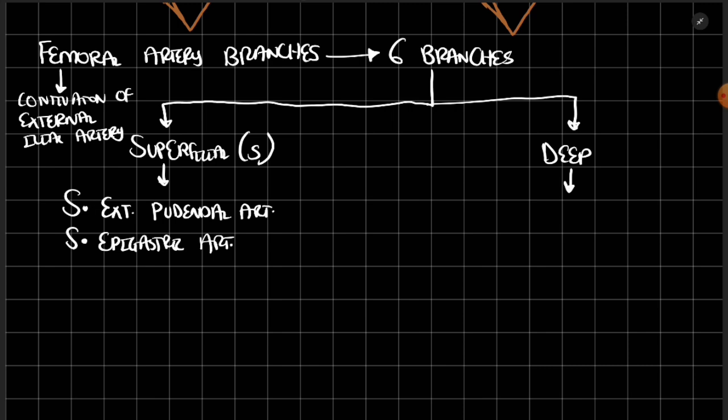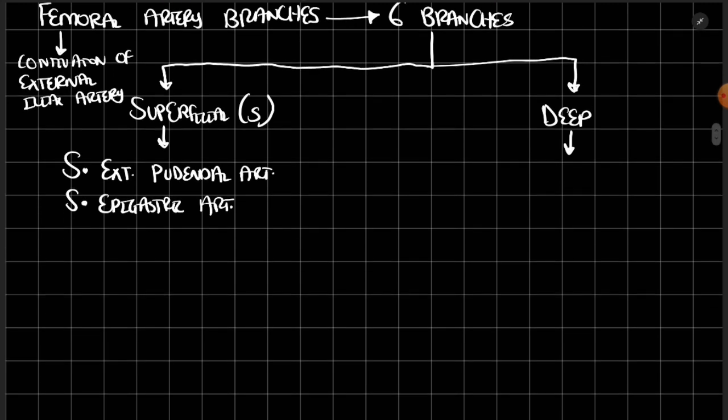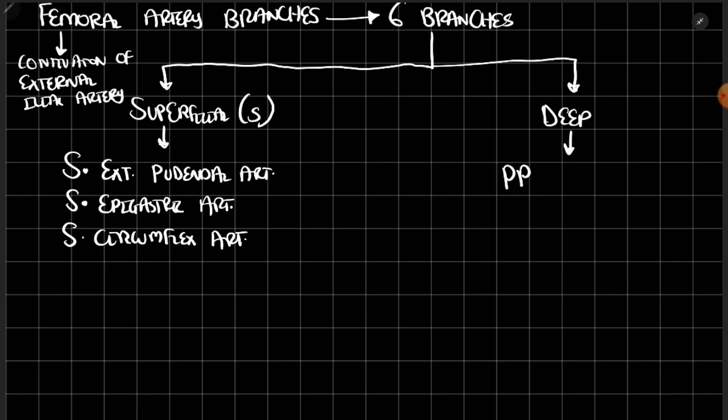Okay, and the third branch is the superficial circumflex artery. Now going to the deep branches. The most prominent branch, the deep branch, is profunda femoris artery.